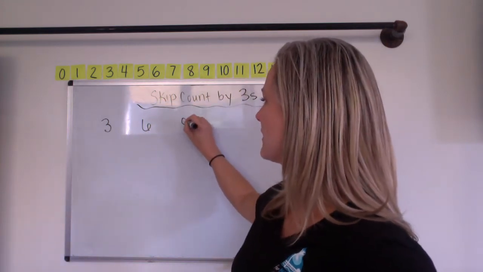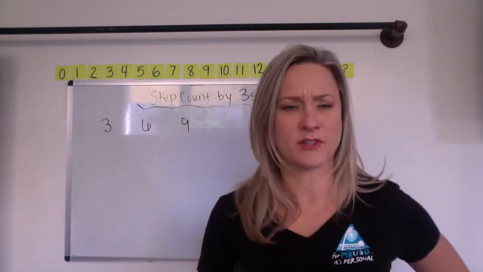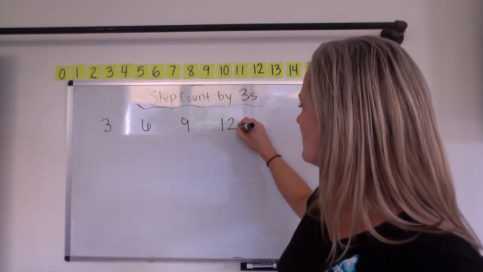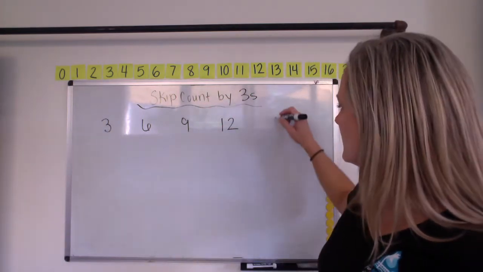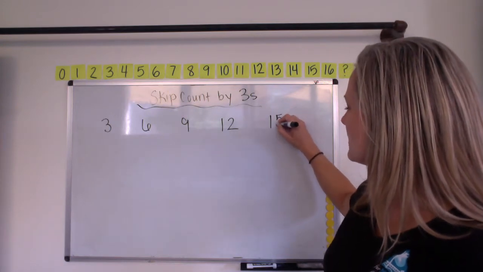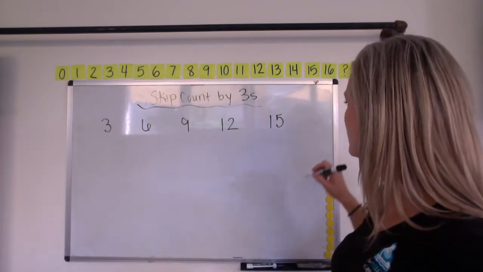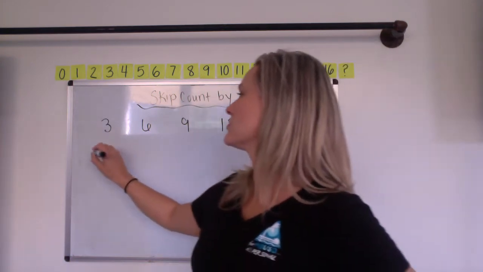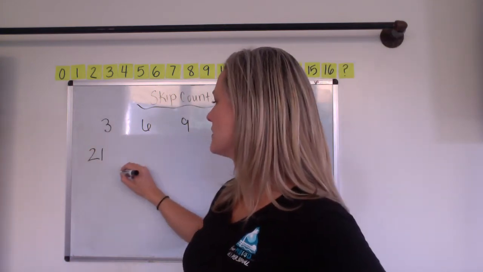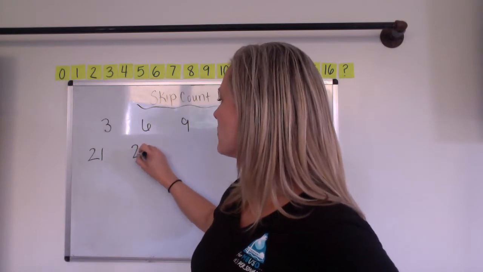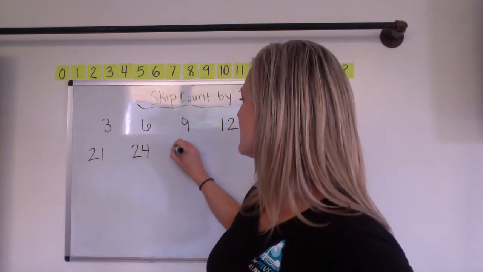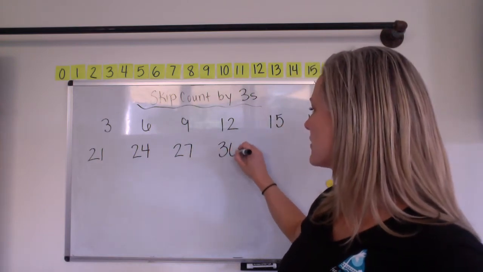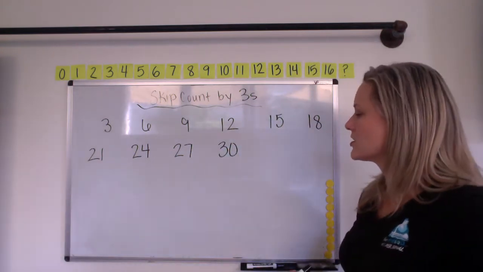And then 9 comes after that. 12. 15. 18. 21. 24. 27. 30. All right, so here we go.